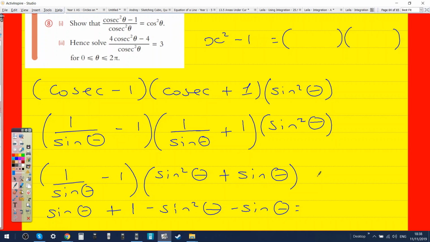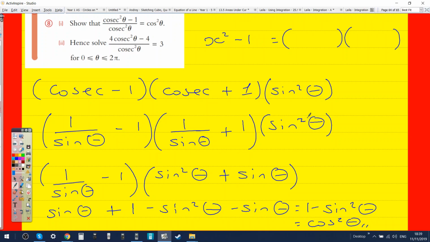And can that be simplified? So it can be put as minus sine squared theta plus 1, which is equal to cos squared theta. Yes, cos squared theta. And then hence solve.